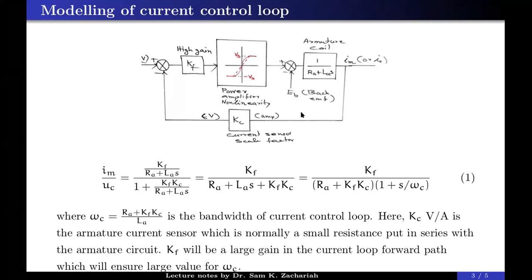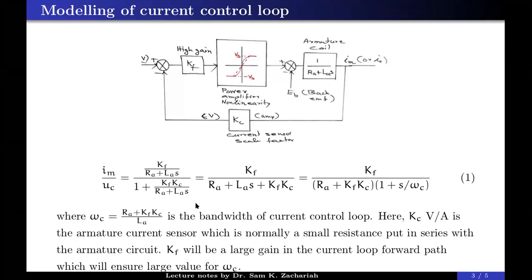If the system is of 5 Hz bandwidth, you have to use a velocity feedback loop of minimum 5 times greater, that is, greater than 25 Hz. It should be used like that only.